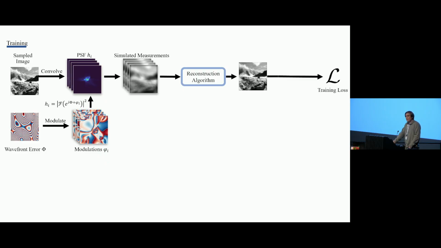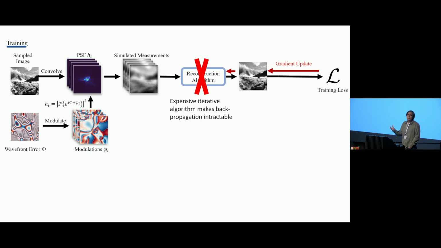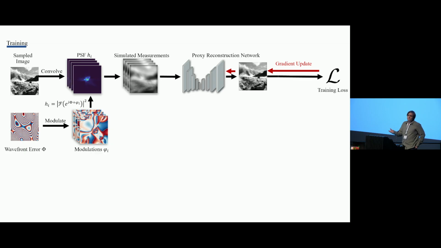And what you quickly realize is that the iterative algorithm, these neural signal representations we are using for the reconstruction, is too expensive for this approach to be super effective, and so we replaced it with a small proxy algorithm that allowed us to optimize these modulation patterns, choose the optimal patterns for imaging through the scattering, without having to rely on that big powerful algorithm for training.